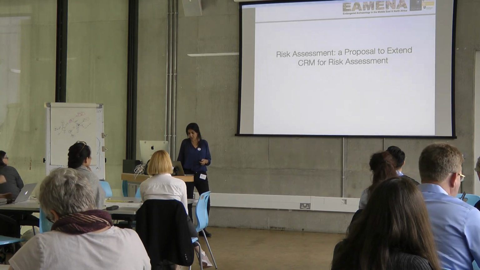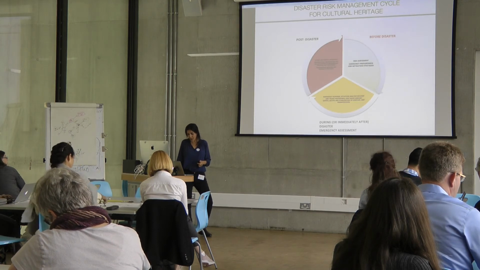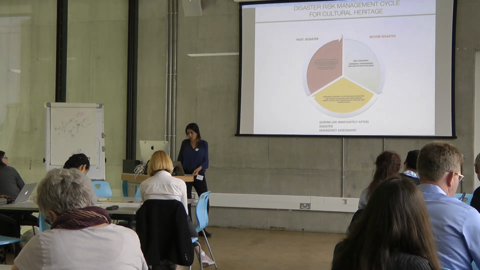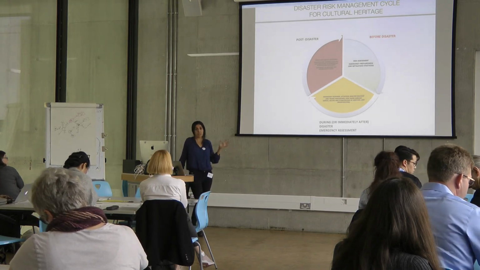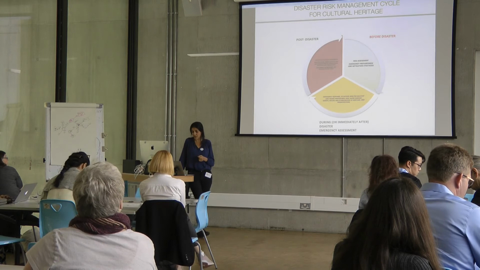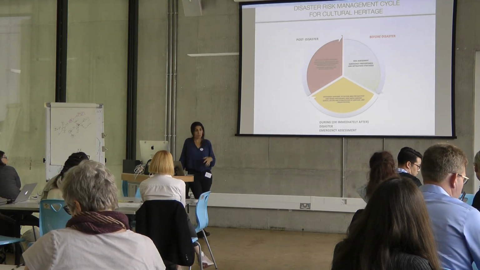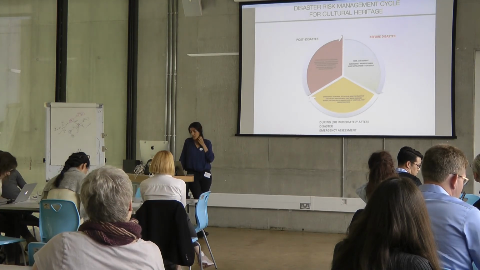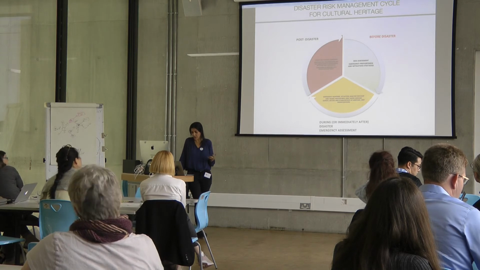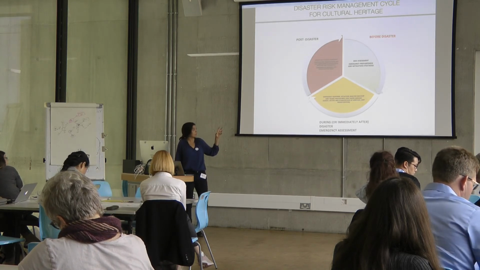And now I want to quickly talk about the risk assessment part. Why it's important, and nowadays more and more important in both museum studies and heritage management, is to have this component of risk management or risk assessment added to the management of your site, the things that you need to do for the management of the site.